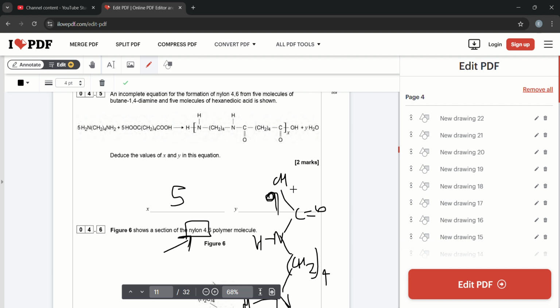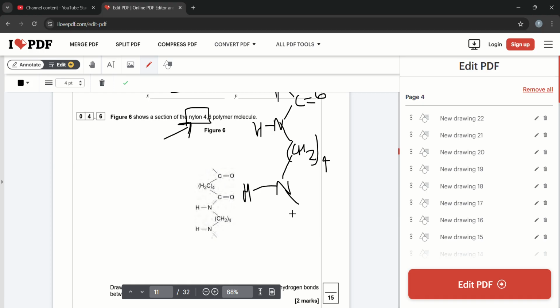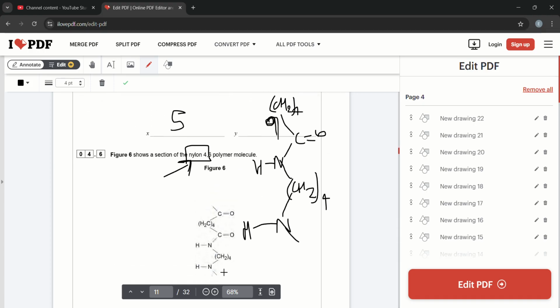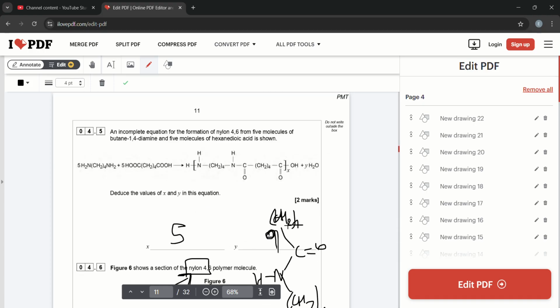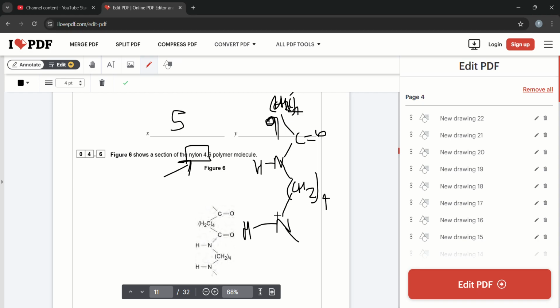Now we've got H2C4, C double bond O. Okay, but the idea is the oxygen has a lone pair of electrons, and just show a bunch of dashes to the hydrogen and a bunch of dashes to the hydrogen.